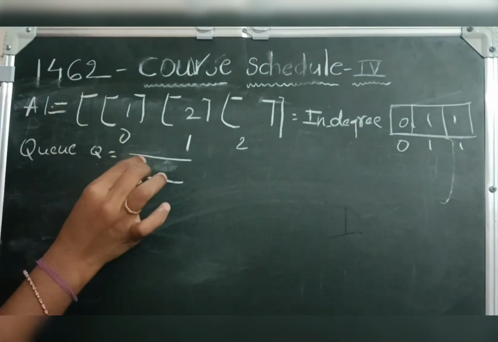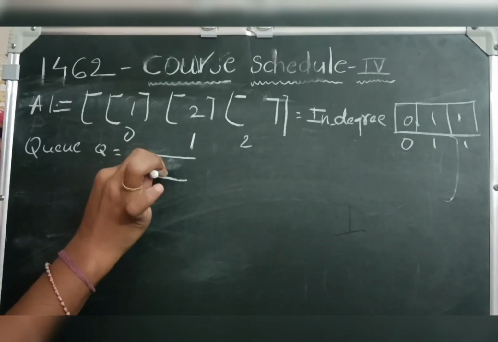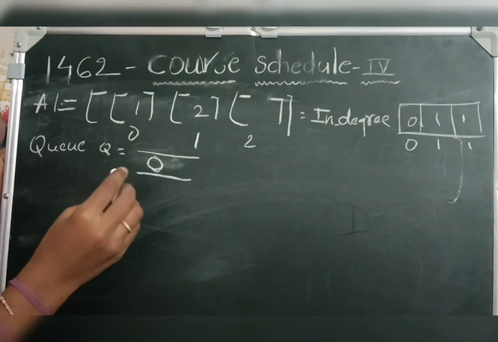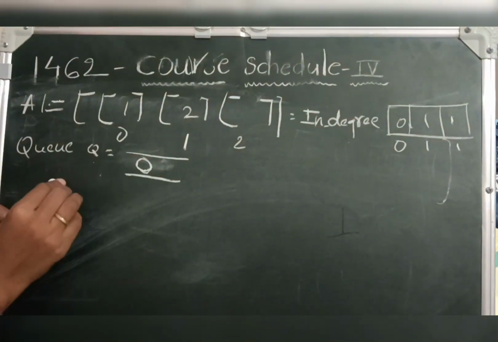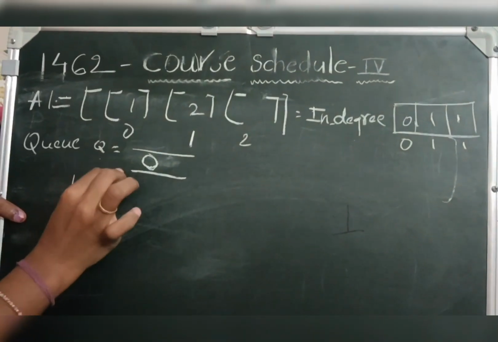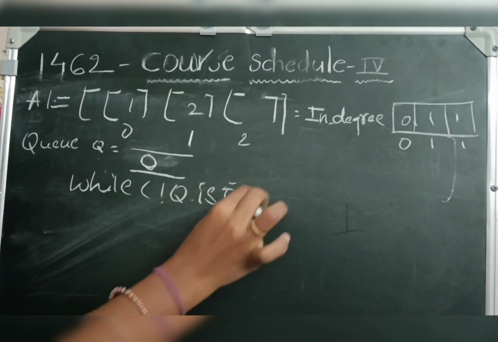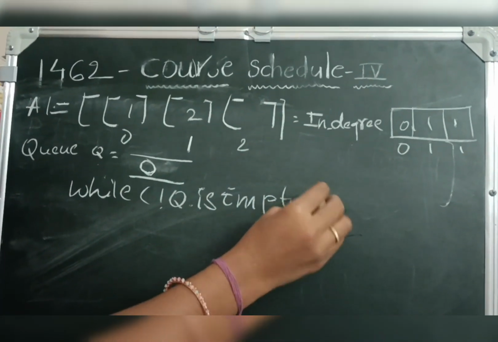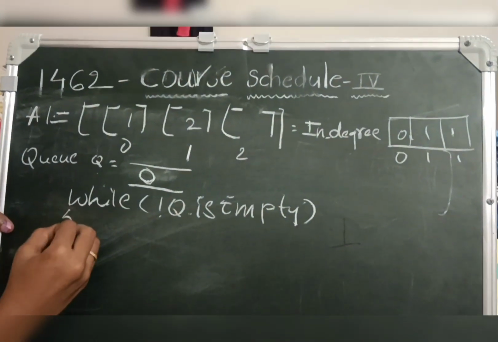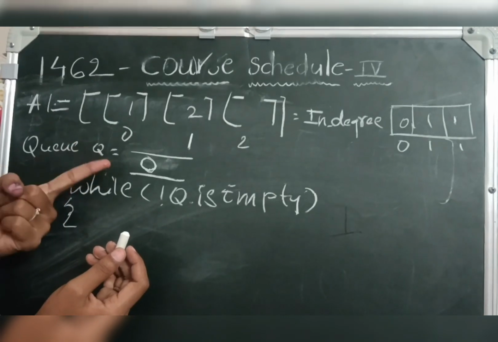So we push vertex 0 into the queue and process it. While the queue is not empty, we process the elements present in the queue. For now there is only one element, 0.